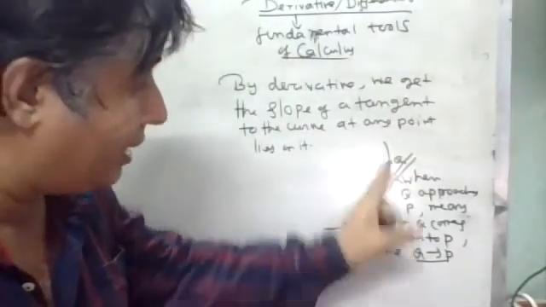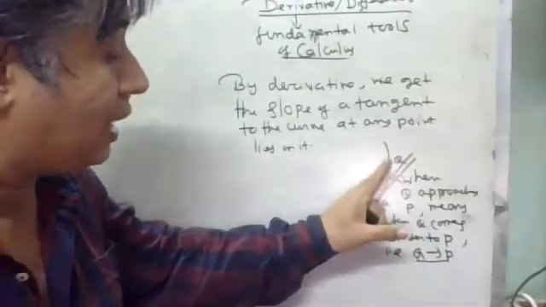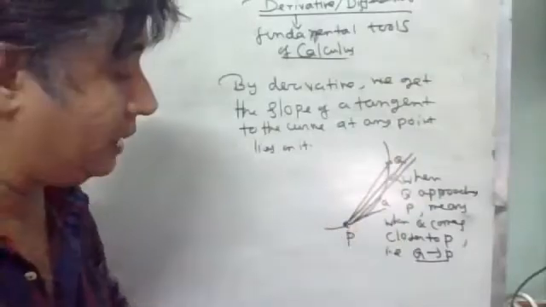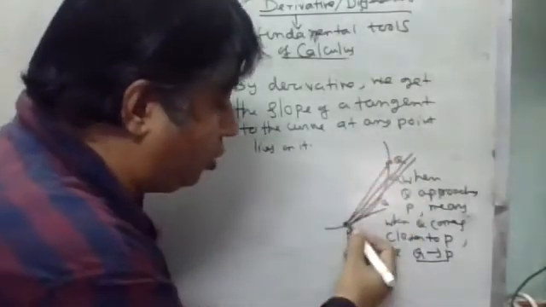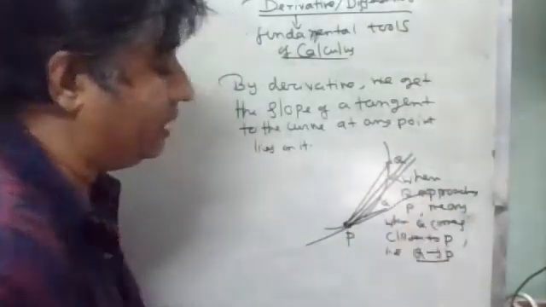When Q is about to fall on P or tends to P, that means it comes closer to P, to the nearest value to P, then the chord will tend to a tangent.